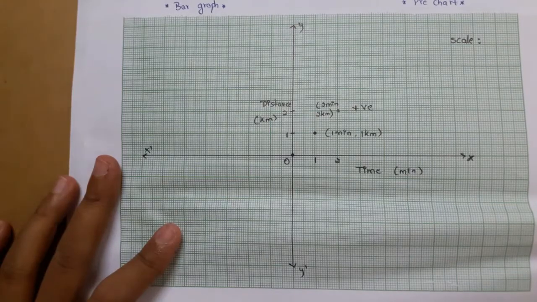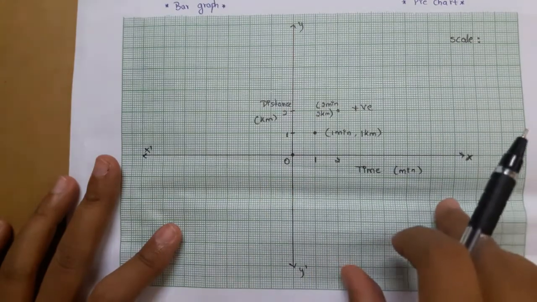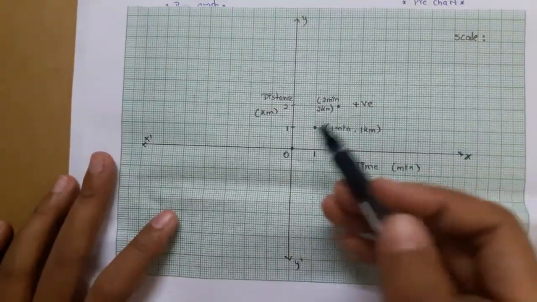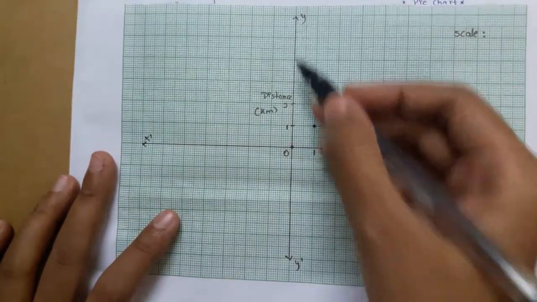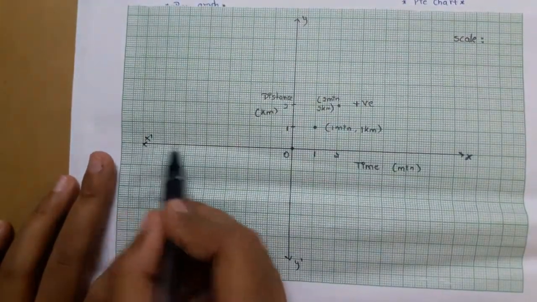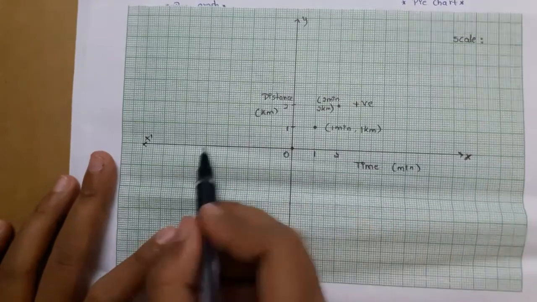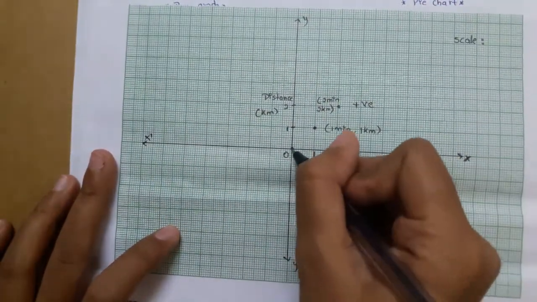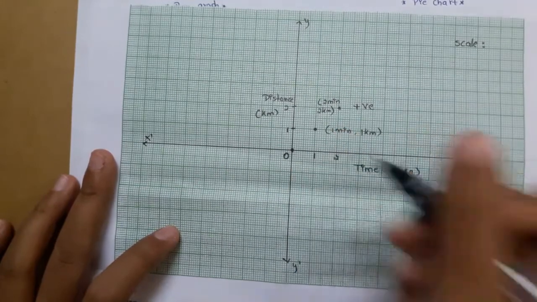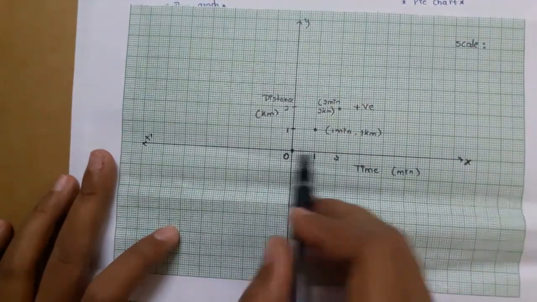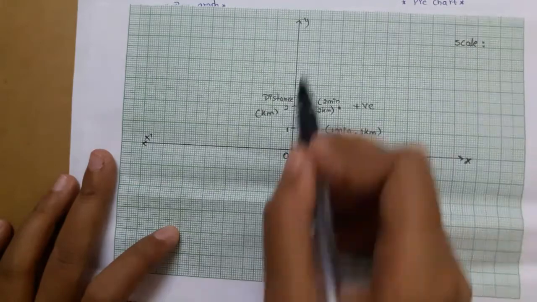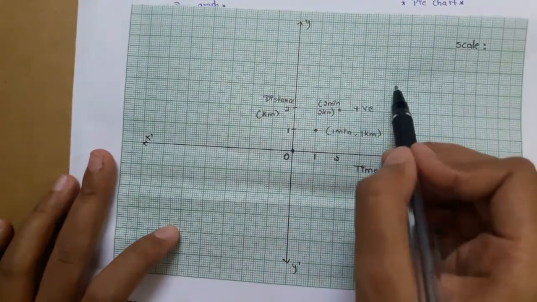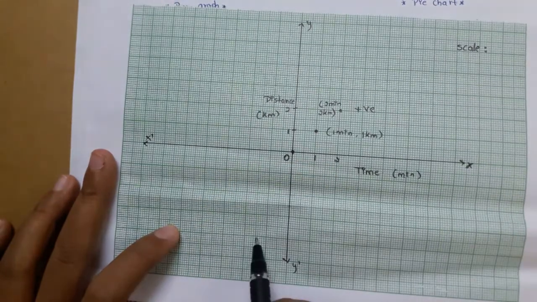So let's see how to mark on a graph sheet. This is the graph sheet, and I have already marked the axes. This line is called the x-axis and this line is called the y-axis. This is the center, that is the origin. On both sides there will be 4 quadrants: first, second, third and fourth.